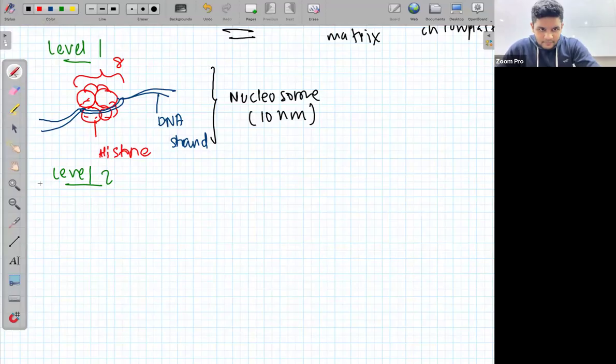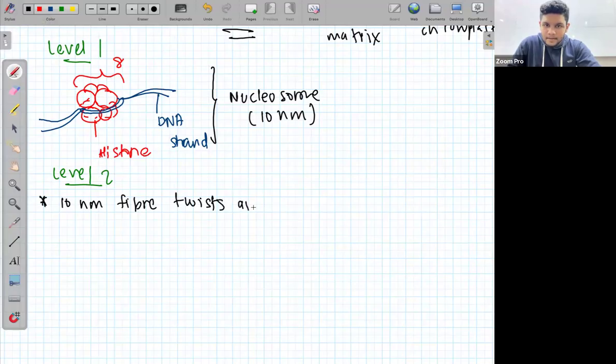They are saying the 10 nanometer fiber twists and packs in a spiral fashion.